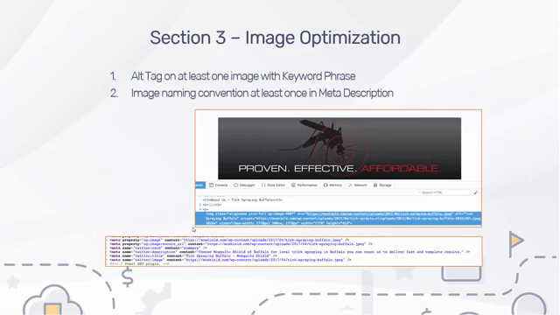You have an image of a tick, and you have on the image alt code, which is basically text attached to the image that Google uses to find the image, and the text on the image will say tick spraying Buffalo. Okay, so that's very important. Also in the meta tags, again in the code, this repeats itself.